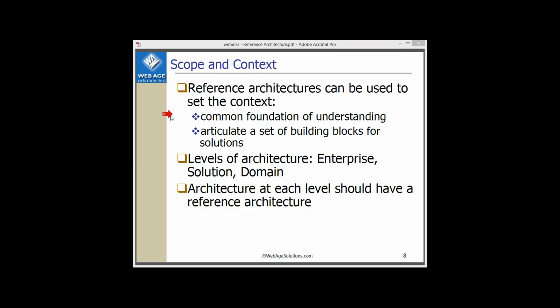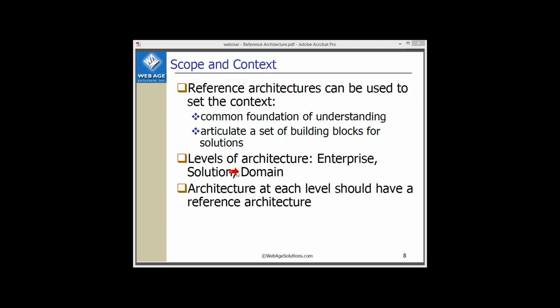Again, it all depends: are we working at the enterprise architecture level, where we're looking at broad, high-level architectural considerations, the ideas of integrating multiple disparate systems across multiple business units perhaps, or are we down at a more detailed solution or a specific problem domain, or are we working within one of the domains of enterprise and solution architecture, such as the business architecture domain, or the application domain, or the data domain?